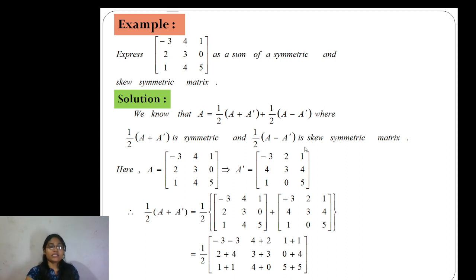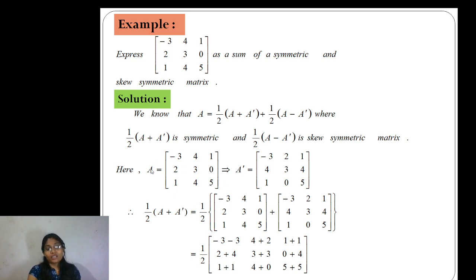We already know this. So here capital A is the given matrix: capital A equals minus 3, 4, 1, this is the first row; 2, 3, 0, this is the second row; 1, 4, 5, this is the third row.